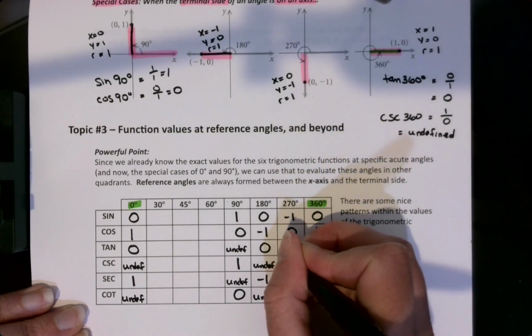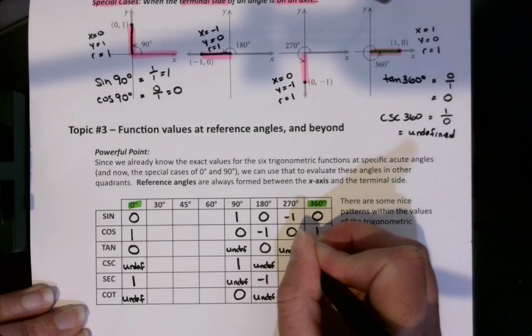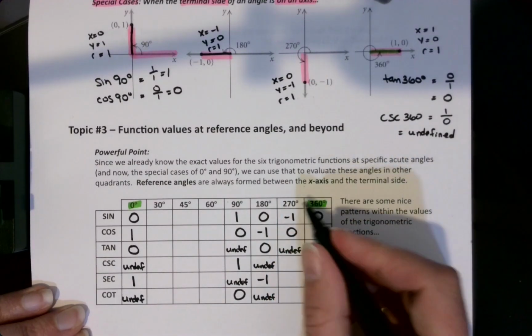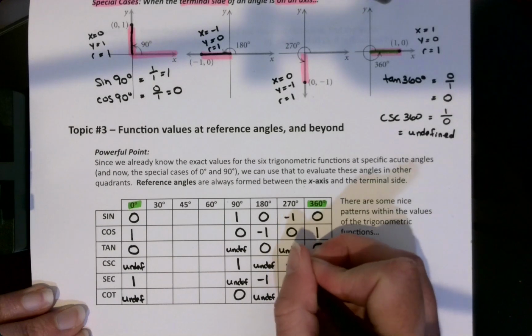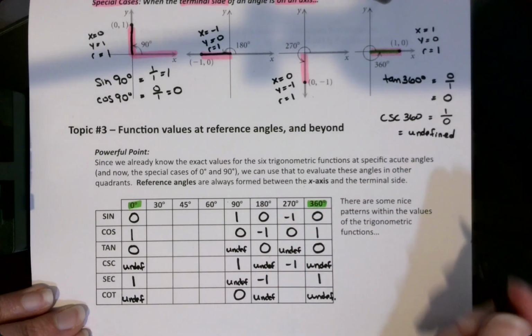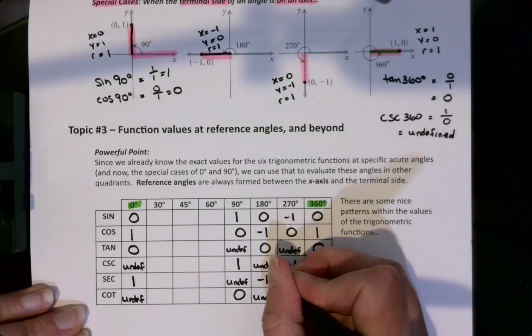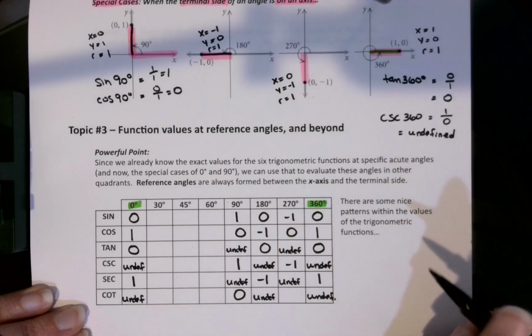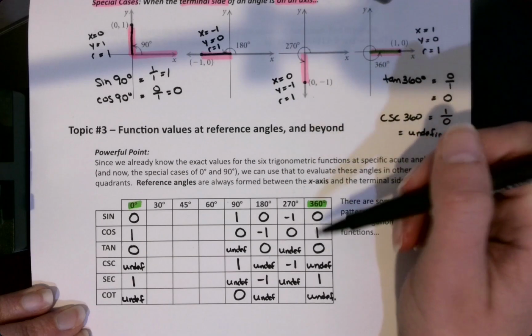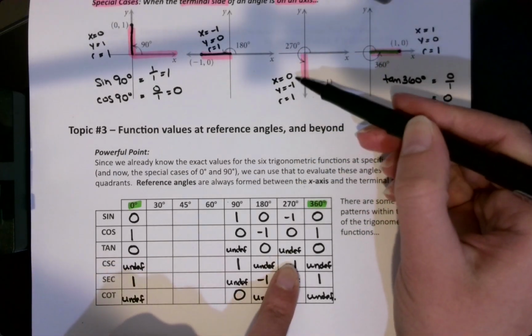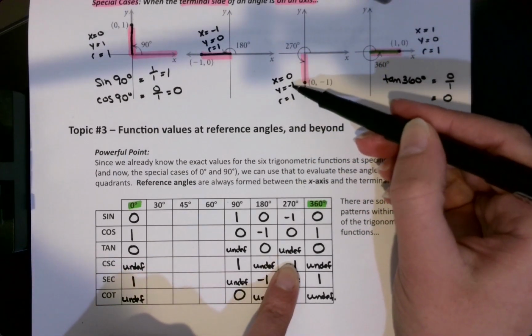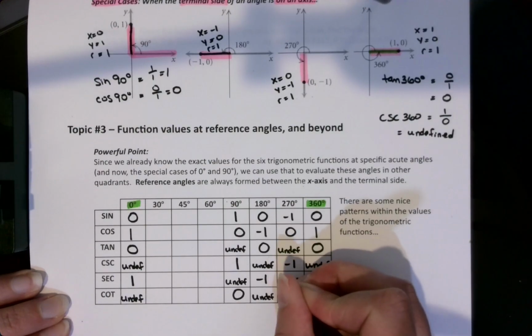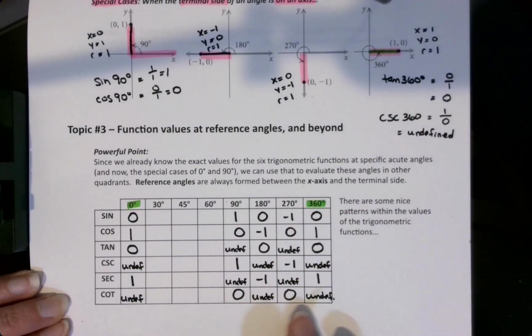That's undefined. The cosecant, 1 over -1 is -1. The secant, 1 over 0 is undefined. And the cotangent, instead of -1 over 0, we have 0 over -1, so that's going to be 0. Similar argument to 90 degrees.